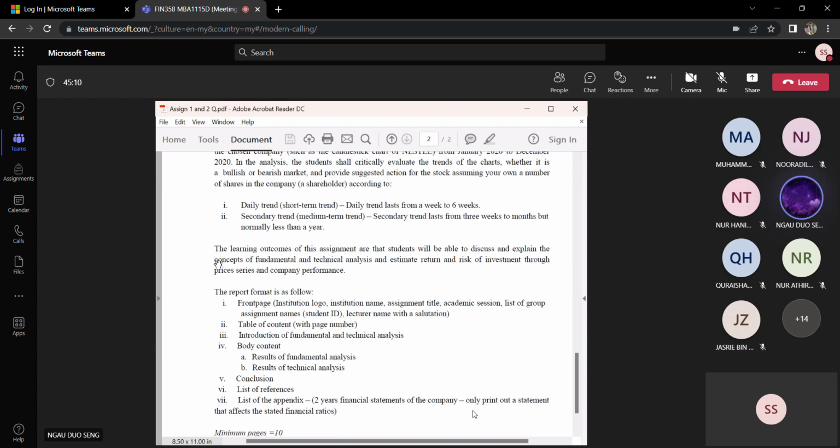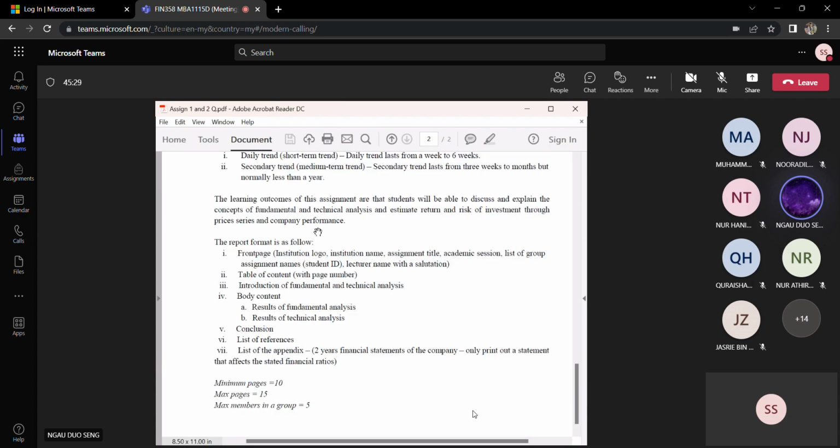The learning outcome is that students will be able to discuss and explain the concept of fundamental and technical analysis and estimate return and risk on investment through price series and company performance.